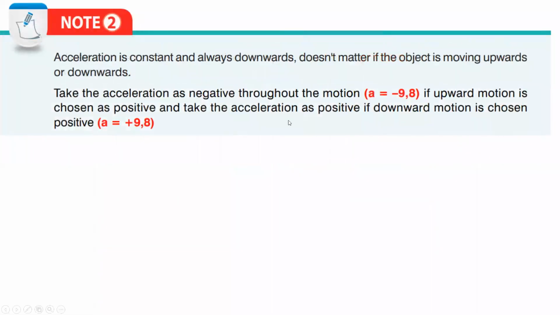Note 2: acceleration is constant and always downward. Even if they ask you at the highest point, what's the acceleration? I remember they asked this in a past paper question. So acceleration is constant and always downward. Remember that, whether the object is moving upward or downward.